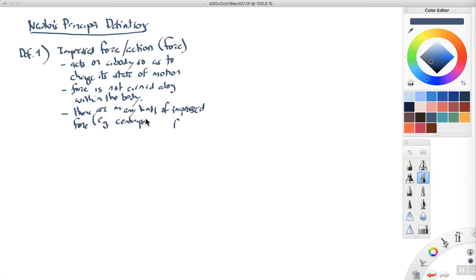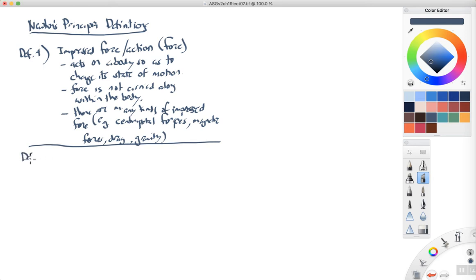He will spend quite a bit of time talking about centripetal force. Also magnetic forces, drag, and gravity. He's going to talk about these sorts of things. Those are some examples of impressed forces that attempt to change the state of motion of an object. Okay, let's go on to his next definition.